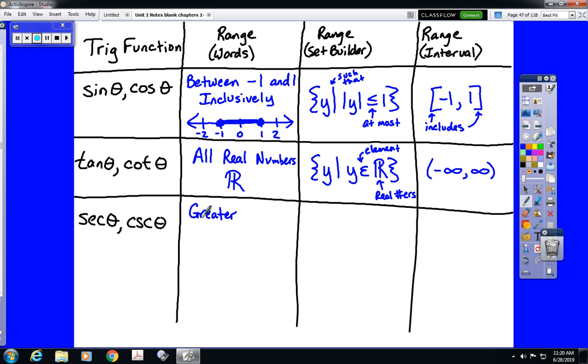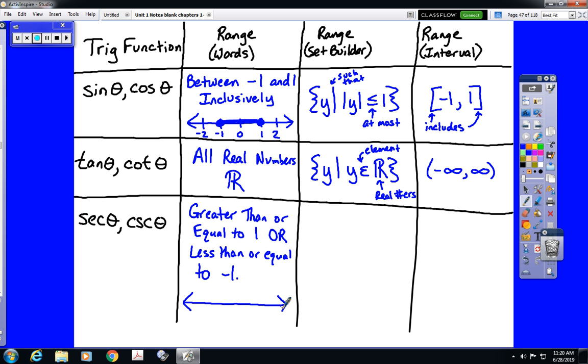We would write this as greater than or equal to 1, or less than or equal to -1. And again, I'm going to draw that on a number line so you can see what I'm talking about.